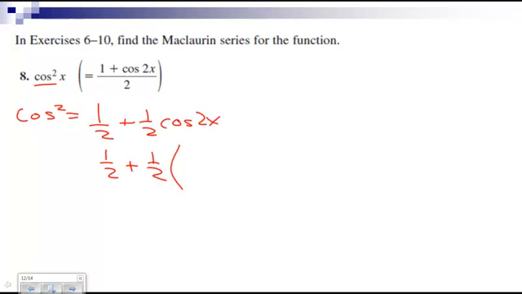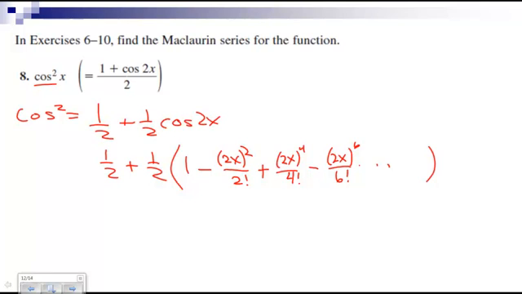It's going to be 1 minus quantity 2x squared over 2 factorial, plus quantity 2x to the 4th over 4 factorial, minus quantity 2x to the 6th over 6 factorial, plus that. Okay, and that is an expression that's totally equivalent.